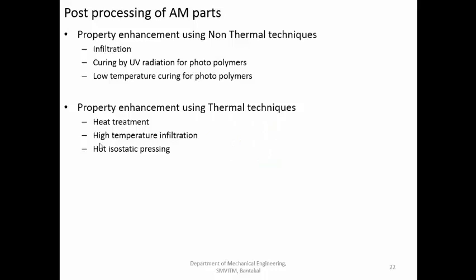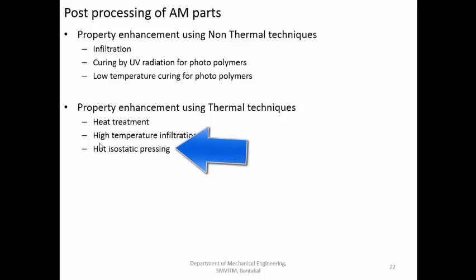Next one is hot isostatic pressing. Usually the components produced by additive manufacturing processes will have very low density. If we take mainly the example of metallic parts created using discrete particles or powders, they will have a lot of porosity.